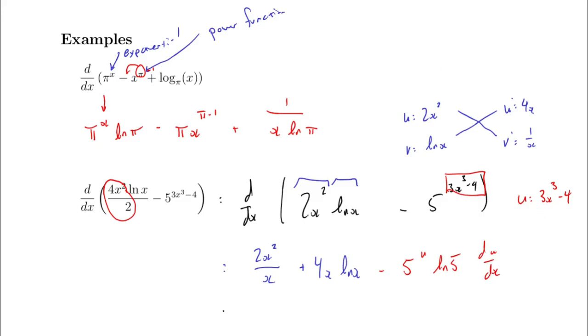So let's write all this stuff together. This is 2x plus 4x natural log x minus 5 to the 3x cubed minus 4 natural log 5 times 9x squared. And you can bring that 9x squared out front. It doesn't really matter, but there's not really much more to do with this other than leave it like that.